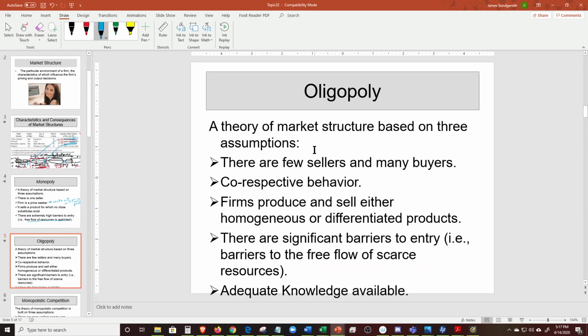Oligopoly, which is just a few firms and is more competitive than monopoly, but still only a few firms dominate an industry. Maybe the top four firms have 50, 75, 80% of all of the business. I don't think even Amazon has that.